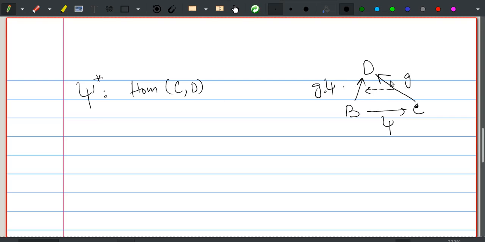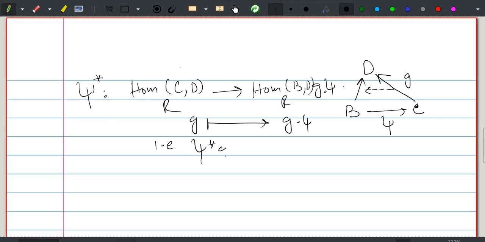This G is a map from C to D, so G belongs to Hom(C, D), and it is carried by psi star to the map G psi, which is a module homomorphism from B to D, an element of Hom(B, D). That is, psi star of G is the same as G psi.